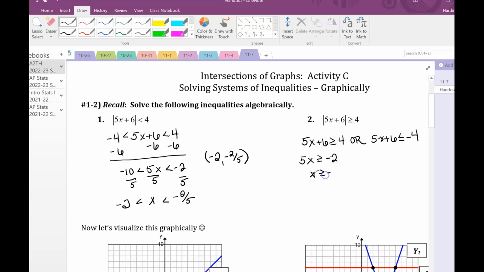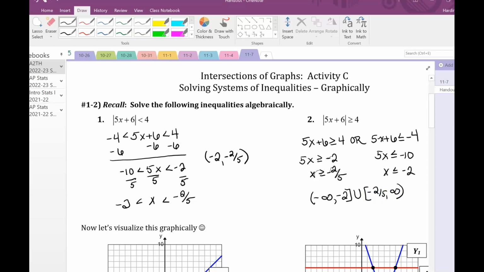We're just going to be looking at the opposite direction. So x is greater than or equal to negative 2/5, or x is less than or equal to negative 2. So we would have said from negative infinity to negative 2 inclusive, and then negative 2/5 to infinity.